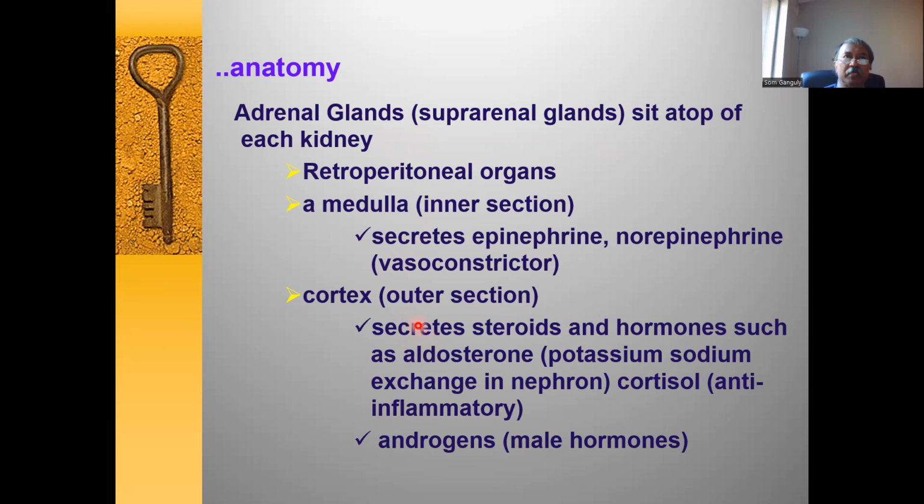It is also responsible for epinephrine and norepinephrine, which are two hormone substances. They are vasoconstrictors, meaning they constrict the vessels. So when the vessels are bleeding, these vasoconstrictors can constrict and stop the bleeding or transfer of blood.